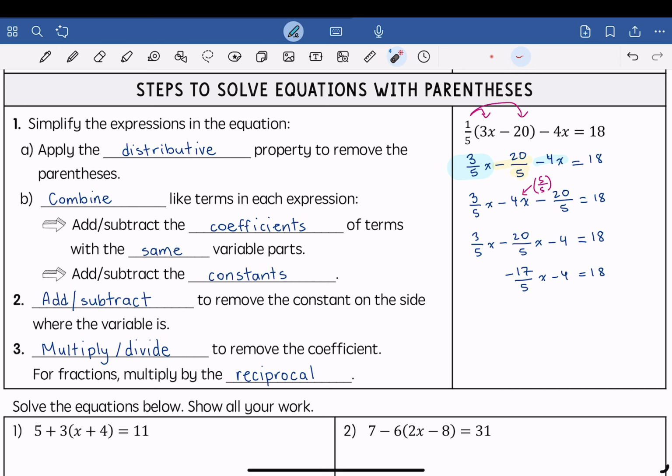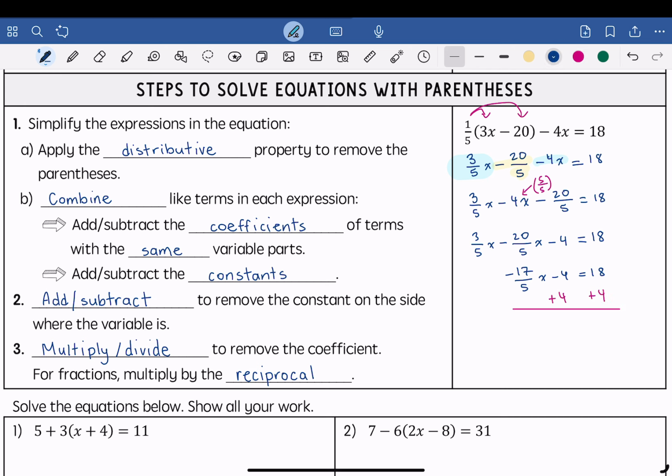We need to add or subtract to remove the constant on the side where the variable is. So the variable here is on the left side, so I need to eliminate or remove the negative 4 by using the inverse operation of negative 4, which is positive 4. So I'm going to add 4, and I'm going to add 4 to the other side.